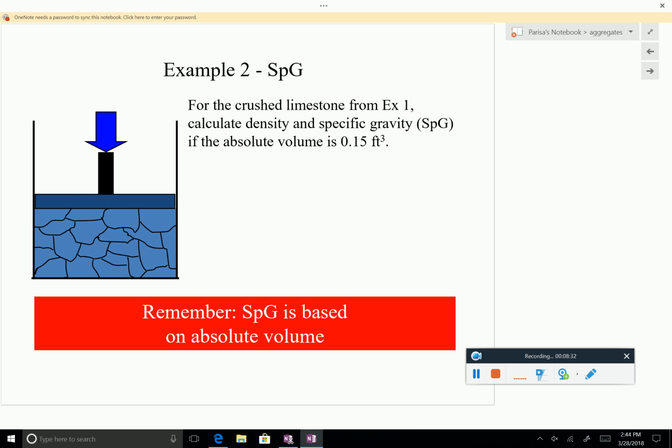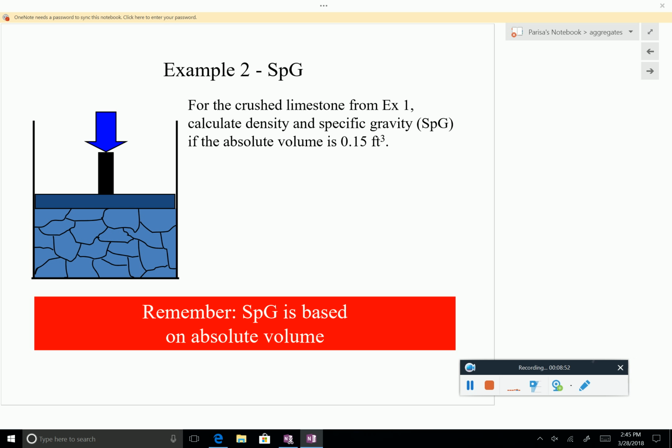Also a specific gravity, which requires you to remember the density of water, 62.4 pounds per cubic foot. So you have to use the same units for density of water as you have for your aggregates.